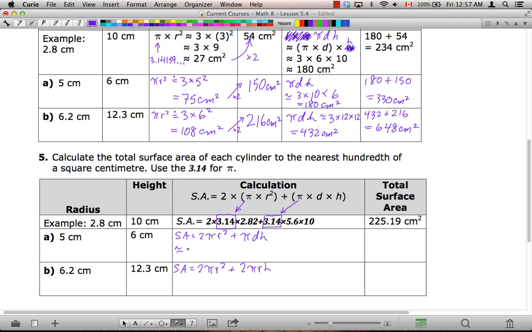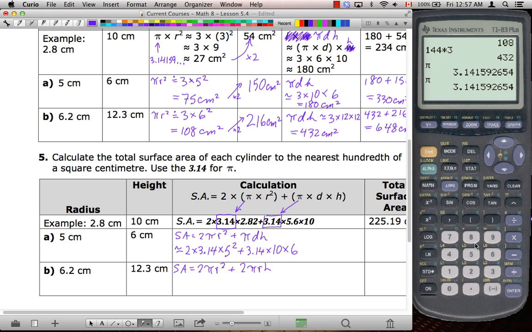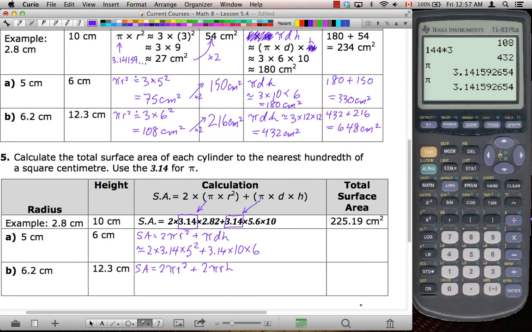In any case, you can do 2 times 3.14 times, we're using r equals 5 here, squared, plus 3.14 times 10 for the diameter, because it's 2 times 5, times the height is 6. And so we'll put our final calculation here to the right. Let's see how that would get calculated out.